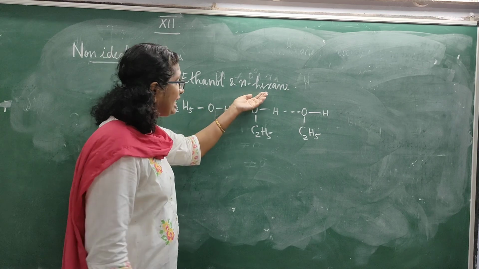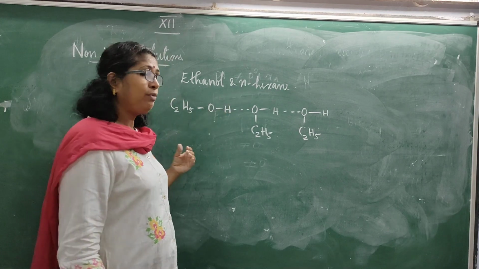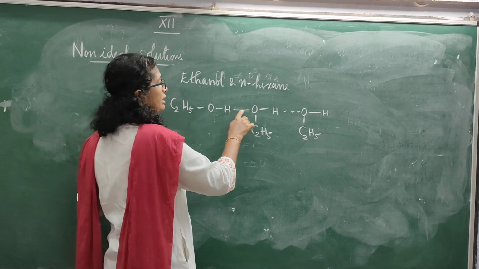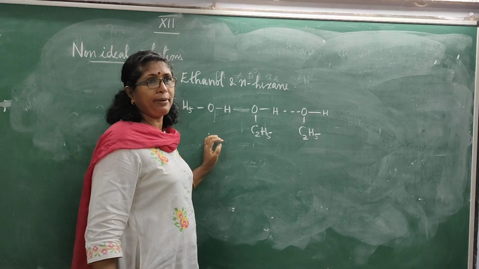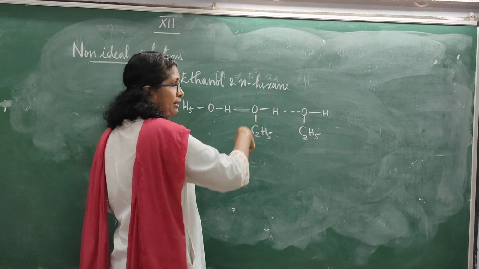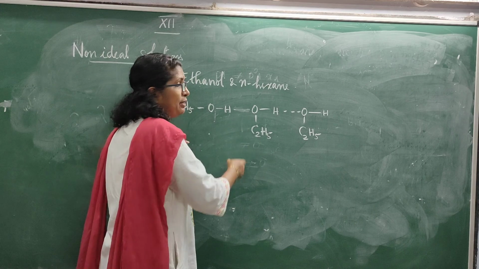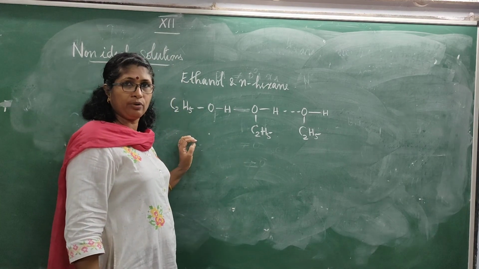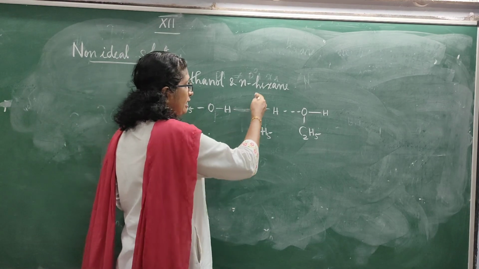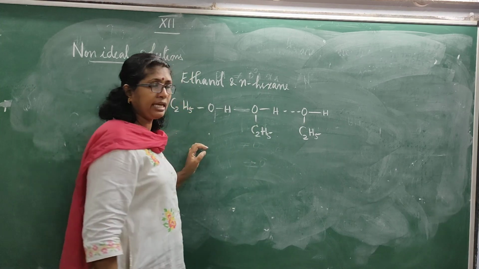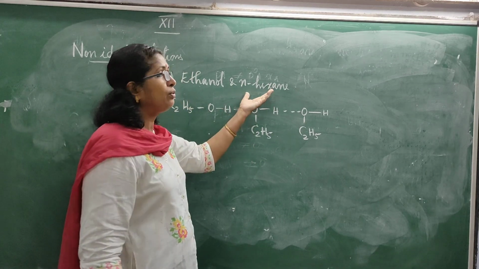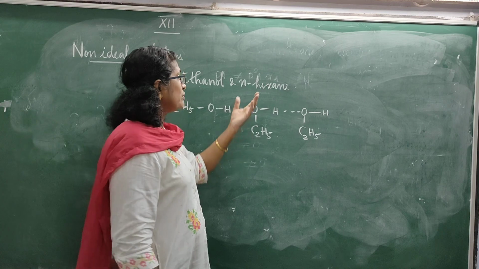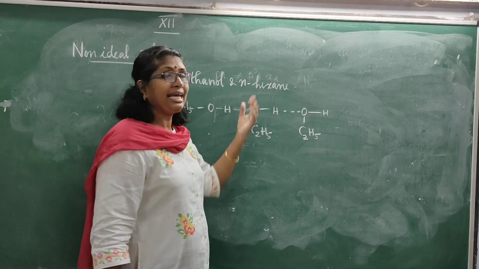Now we add N-hexane to ethanol. Then what happens is the interactive bond, the hydrogen bond, breaks and N-hexane molecules enter in between the ethanol molecules. New interactive force comes in between ethanol and N-hexane.